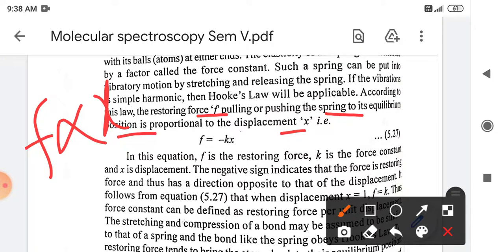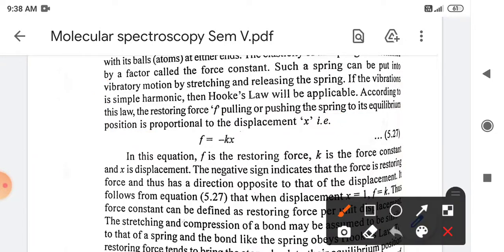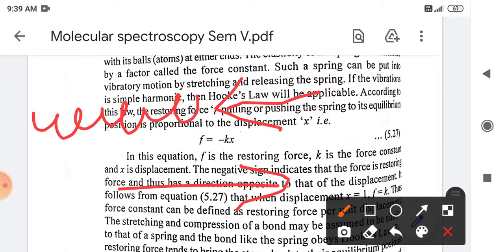But we also know that, suppose this is the spring, and if we apply the force in this direction, then the result will be a displacement in the opposite direction after we release this force.